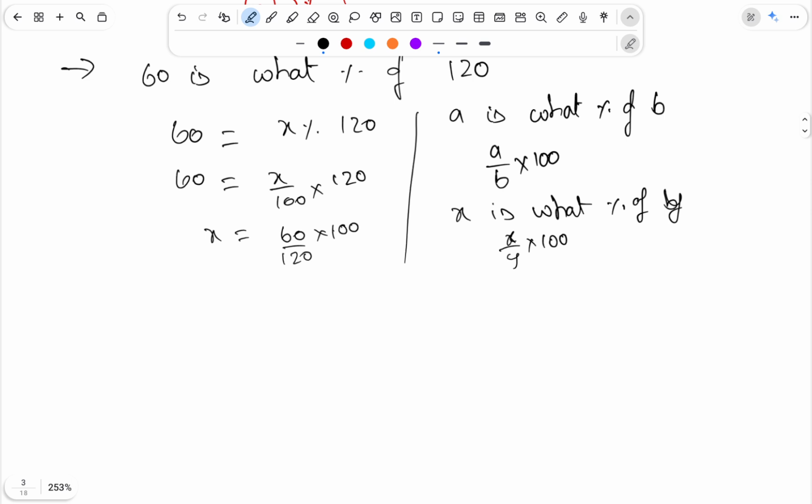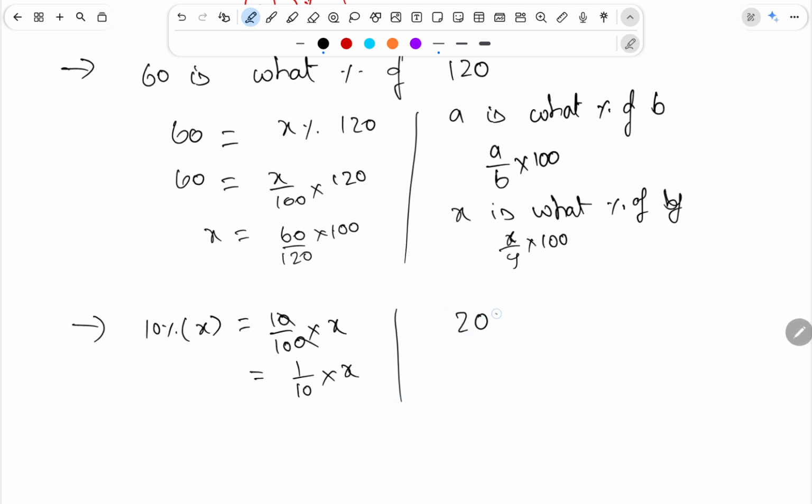Then calculating 10 percentage of a number. 10 percentage is nothing but 10 by 100 into x. 10 by 100 means if I remove the 0s, multiply by 1 by 10. Multiplying any number by 1 by 10, or otherwise dividing by 10, means you are moving the decimal one digit to the left. 10% of 20.